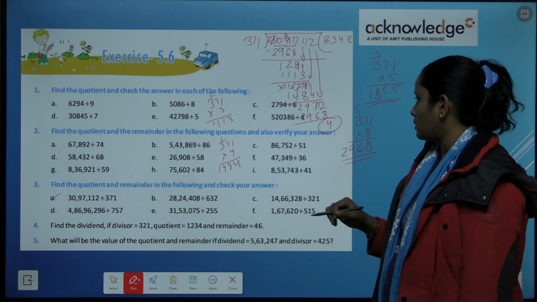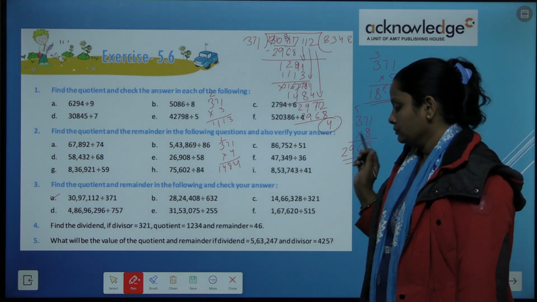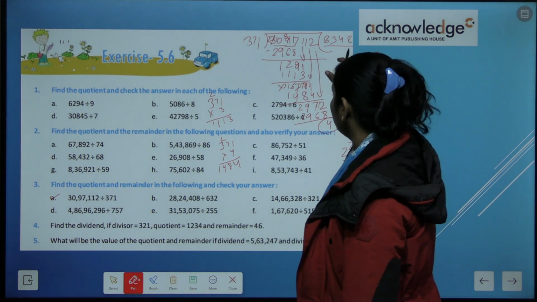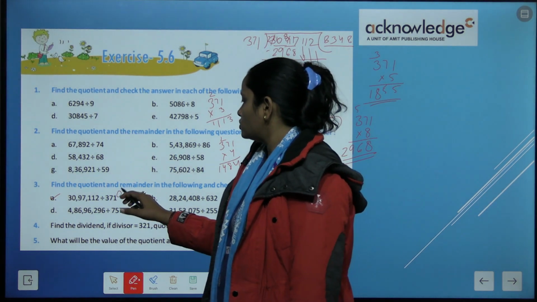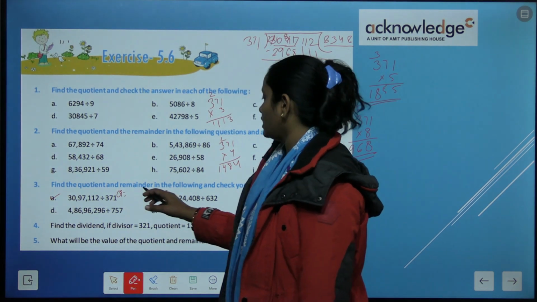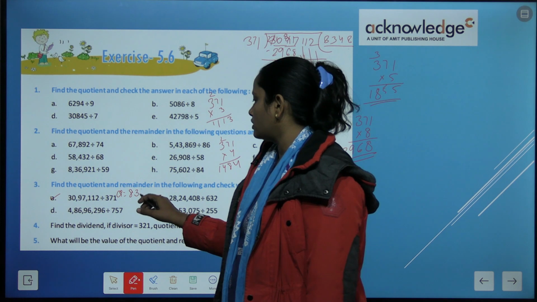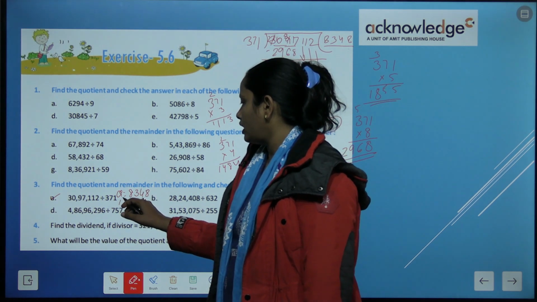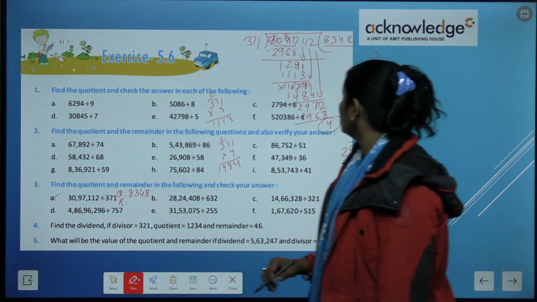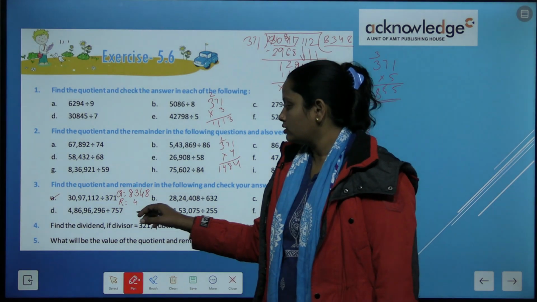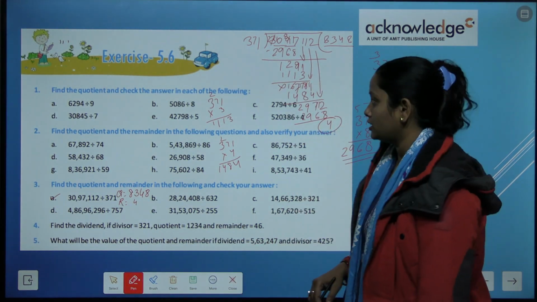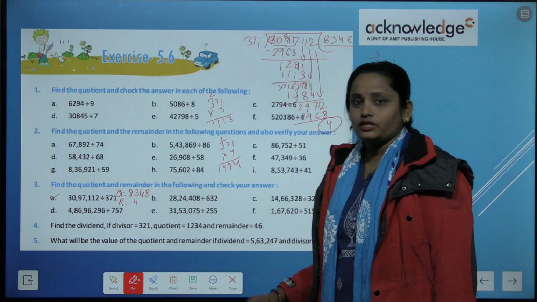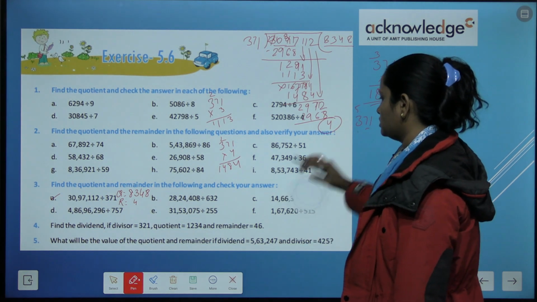So 4 is our remainder, children. And this is our quotient. So quotient is 8348 and the remainder is 4. I hope this is clear. Like this we have to complete the rest of the questions that are given here.